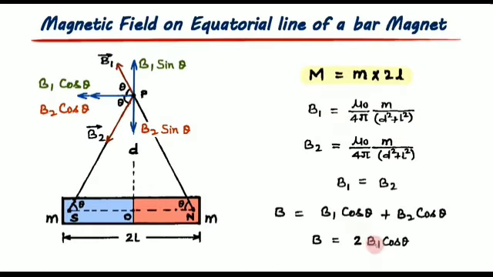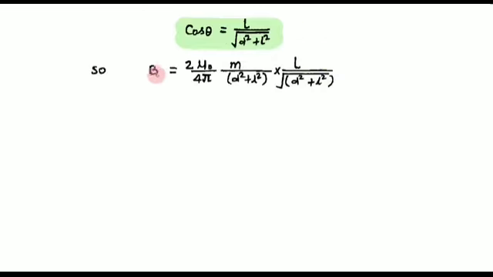Substituting this value, the new equation is B equal to 2 mu naught by 4 pi, m by d squared plus L squared, into L by square root of d squared plus L squared. This is the cos theta value.